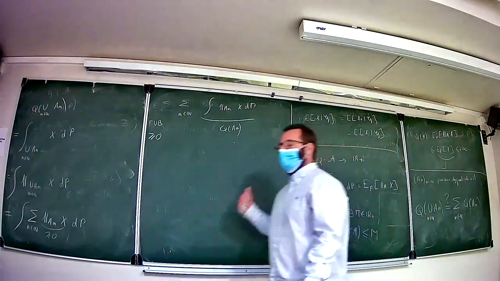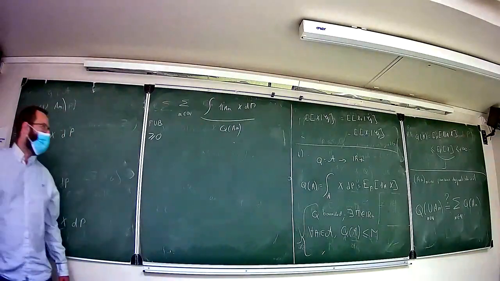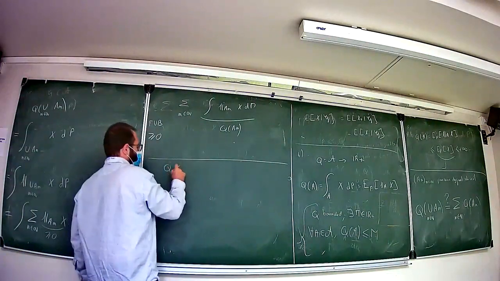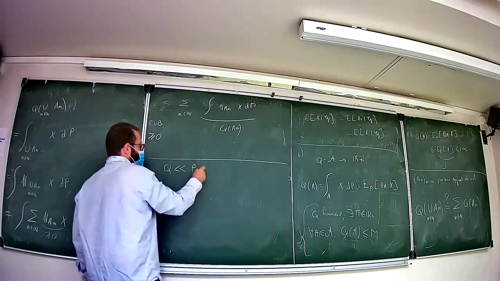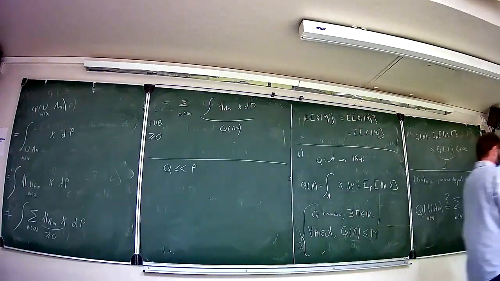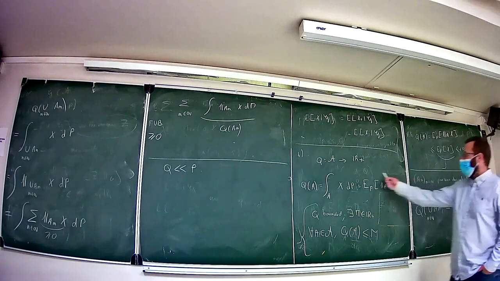So I have a measure that is bounded, and in the question you have to prove that Q is absolutely continuous with respect to P. It means that if P of A is equal to 0, then Q of A is equal to 0. Take the definition.